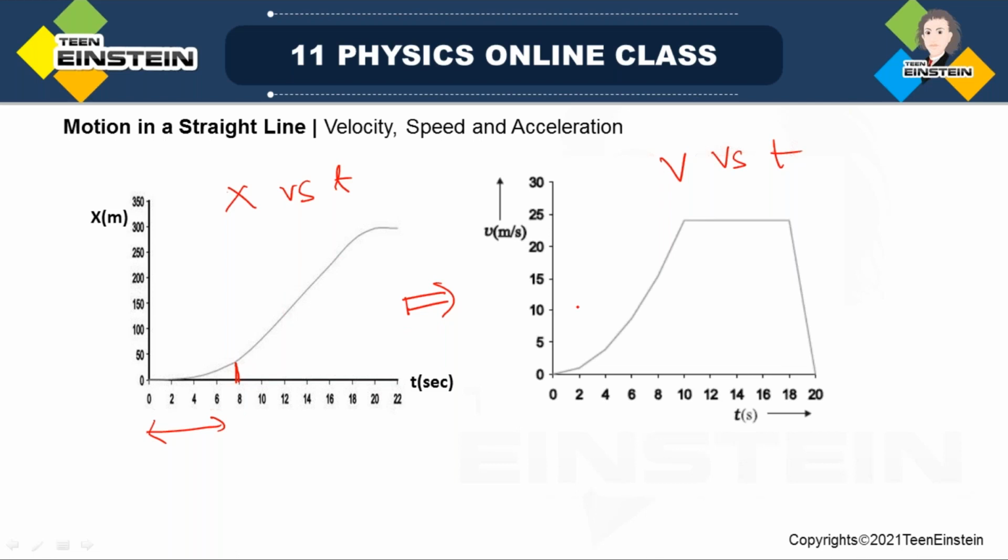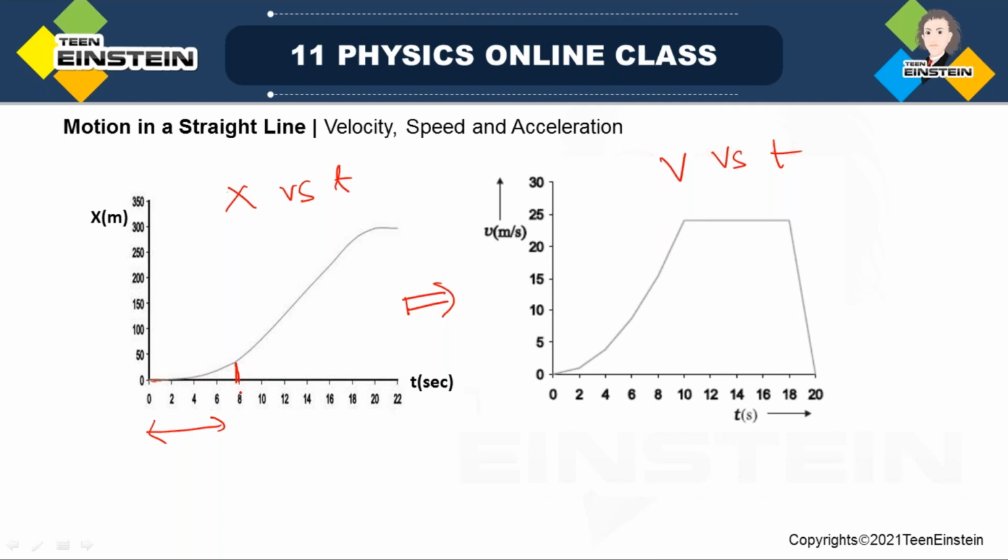Just by looking at this, we can draw the velocity. If the position time curve is given in your exam, you can immediately draw this velocity time curve. How? You have to look at particular intervals and see what the motion is.